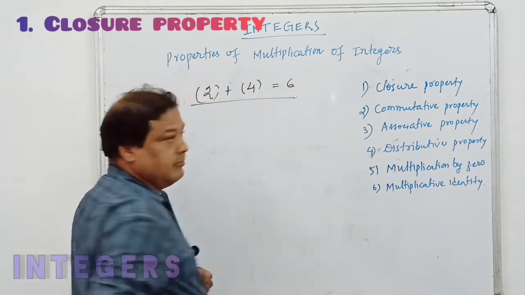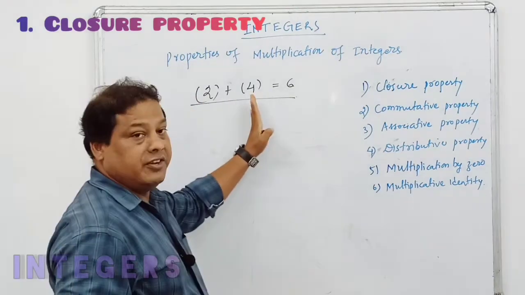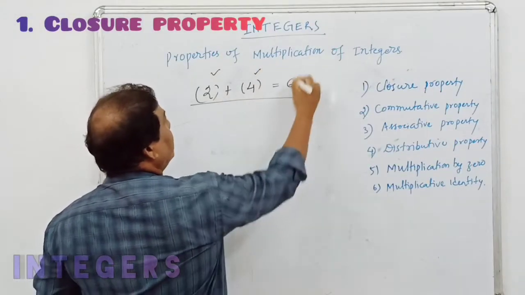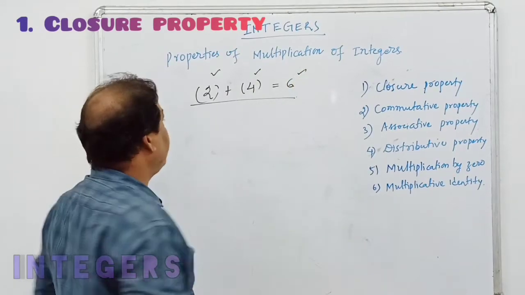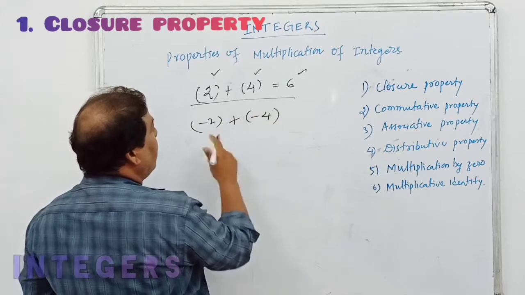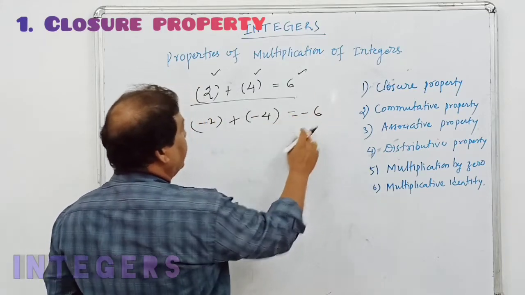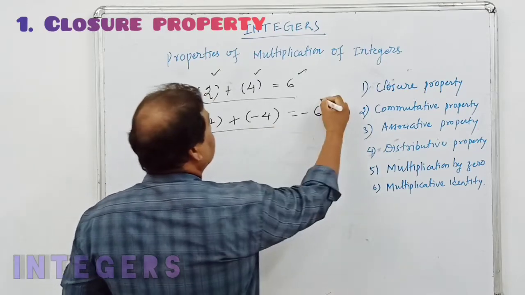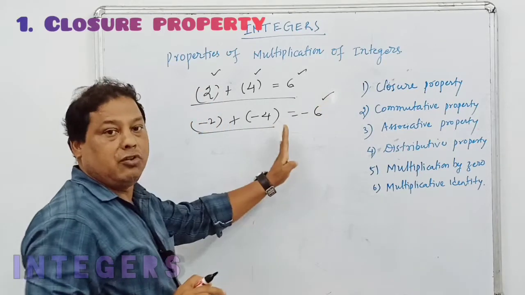Under addition, the sum of 2 integers is always an integer. 2 is an integer, 4 is an integer, 6 is also an integer. Minus 2 plus minus 4, the sum of two integers will be minus 6. Means when we are adding these two numbers, the result will also be an integer.